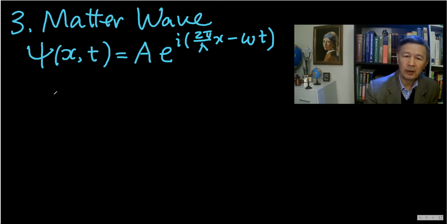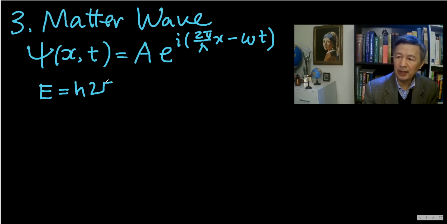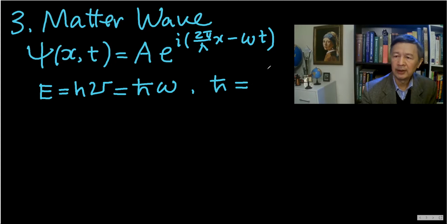In particular, we have E equal to h multiplied by frequency. That is the famous Planck formula for the energy of a photon. We know that this formula can be simply rewritten as h bar multiplied by omega. So h bar here simply denotes the Planck constant divided by 2 pi.